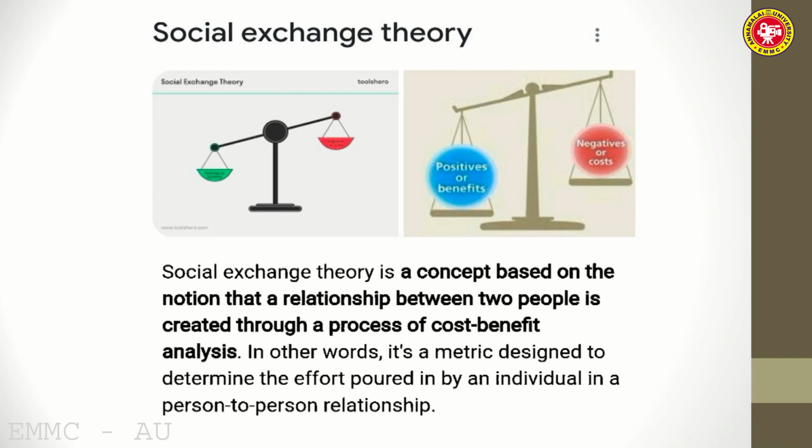The social exchange theory is a concept based on the notion that the relationship between two people is created through a process of cost-benefit analysis. In other words, it is a metric designed to determine the effort poured in by an individual in a person-to-person relationship.